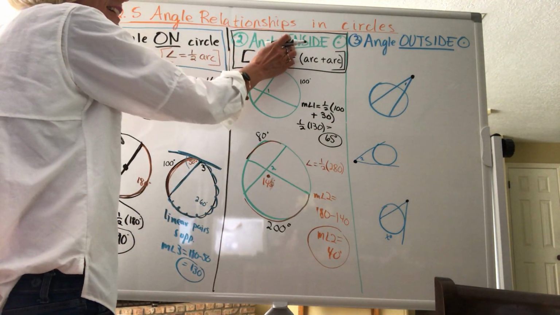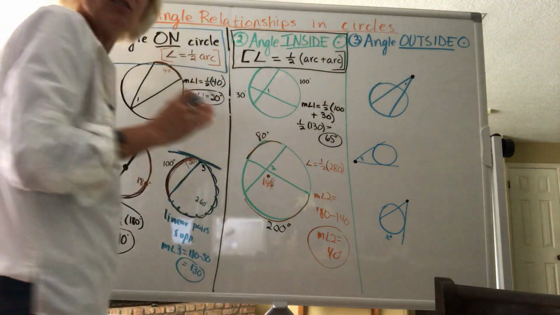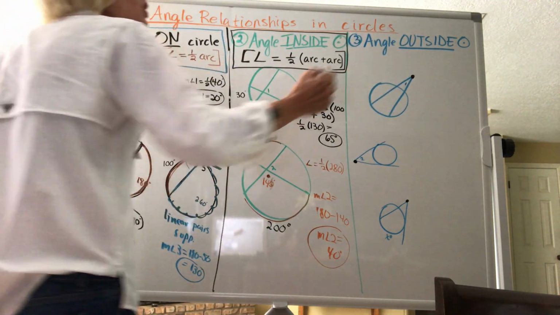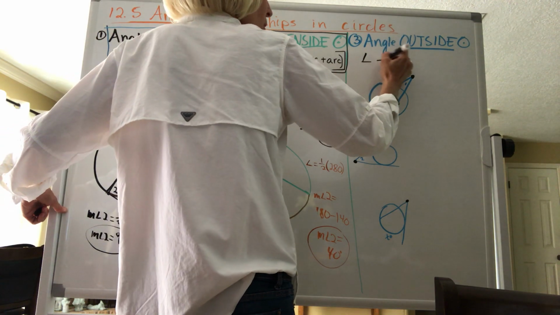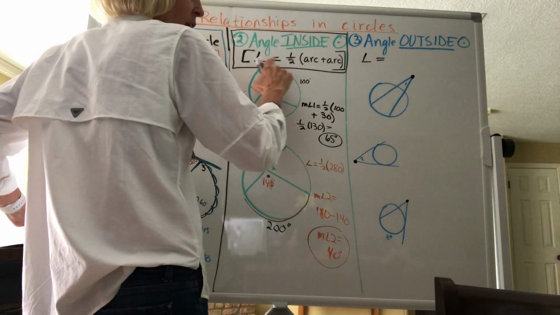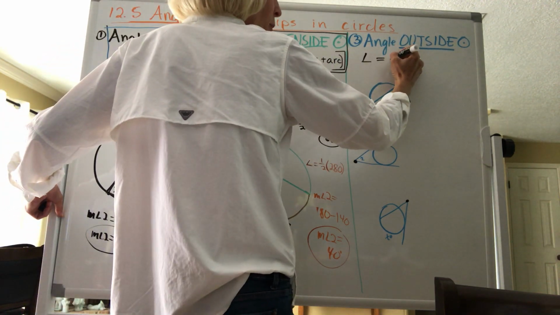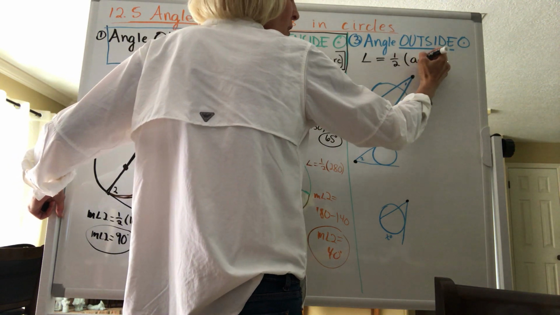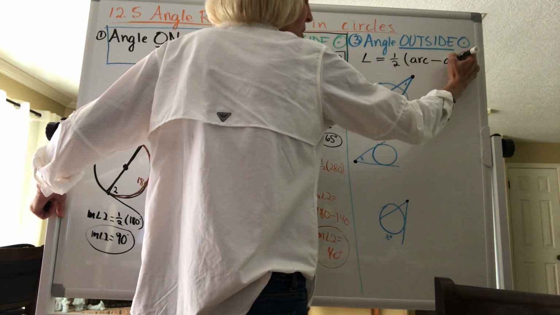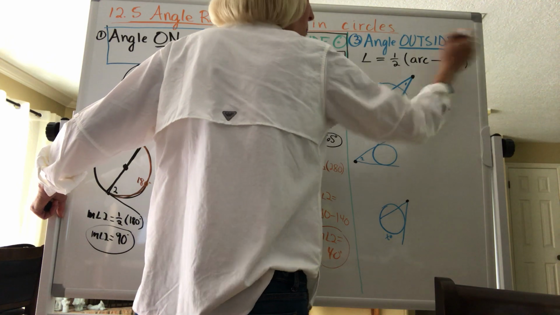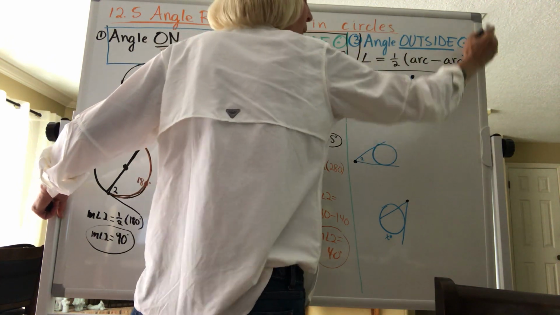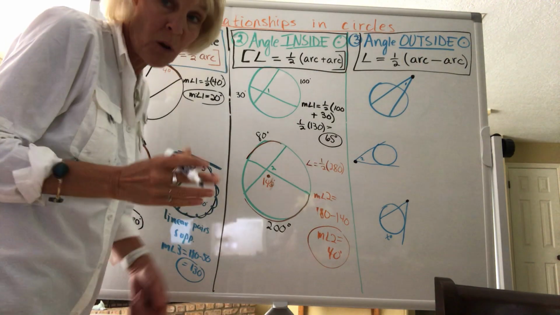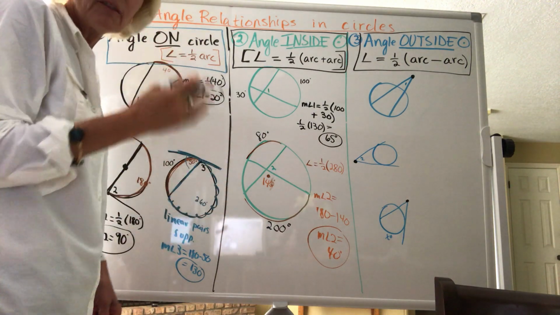If it's on the inside, if it's on the outside, those are two opposite things. So I just do the opposite operation. So here I said the angle is equal to half arc plus arc. Here, arc minus arc. And to be logical there, we have to say big arc minus the small arc, because we already know you can't have angles that are different degrees.